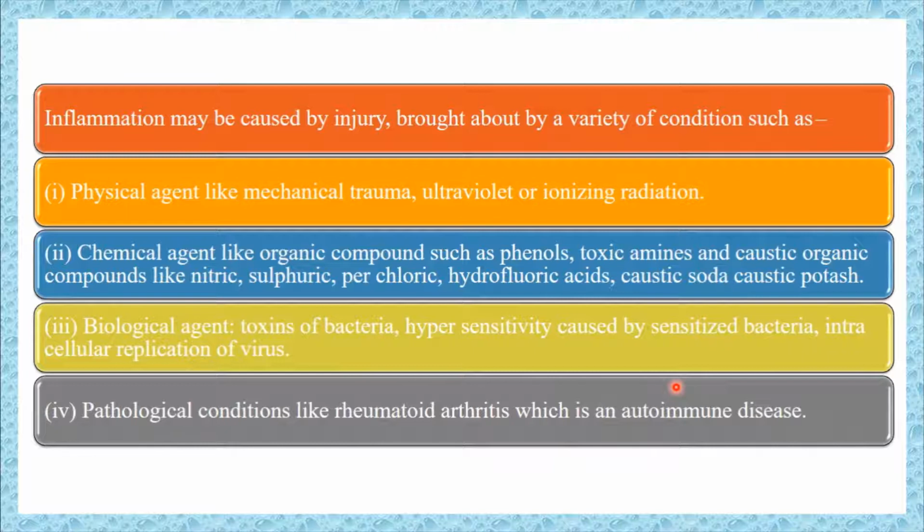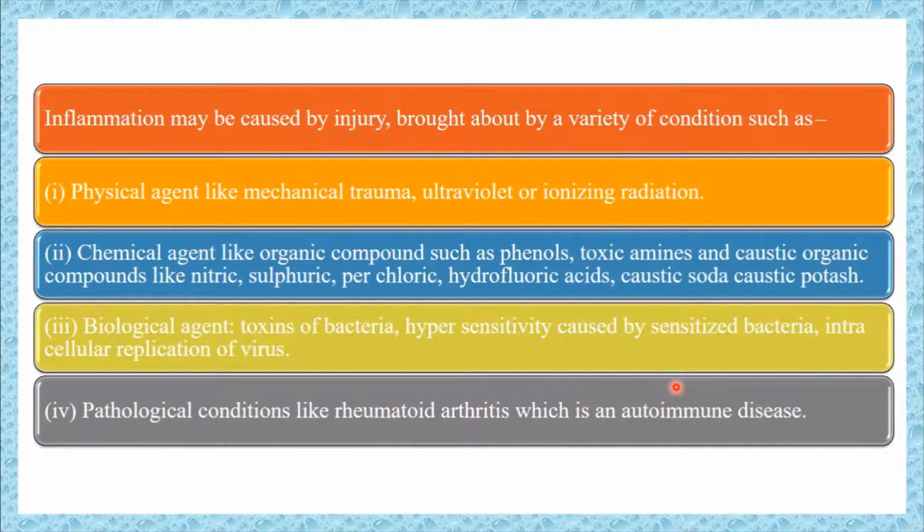This rheumatoid disease is the most important cause of inflammation condition which results in a crippling effect on the people. So due to this rheumatoid arthritis, there is a crippling effect on people, meaning people become disabled.